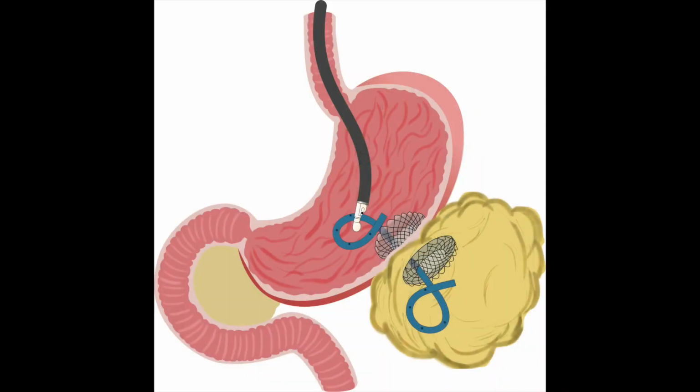Inserting a double pigtail plastic stent through the LAMS has been proposed to prevent LAMS-related adverse events by improving its patency, anchoring it in the original position, providing space around its distal end, and limiting its impaction on the adjacent vessels.